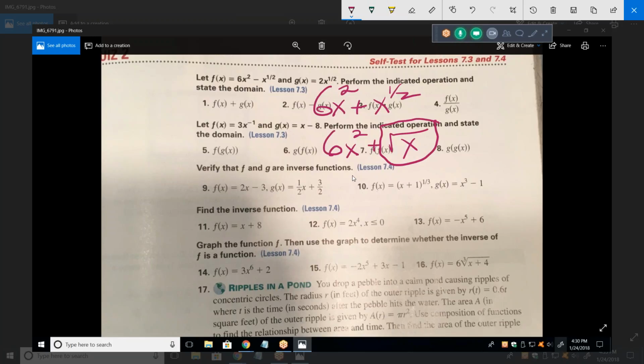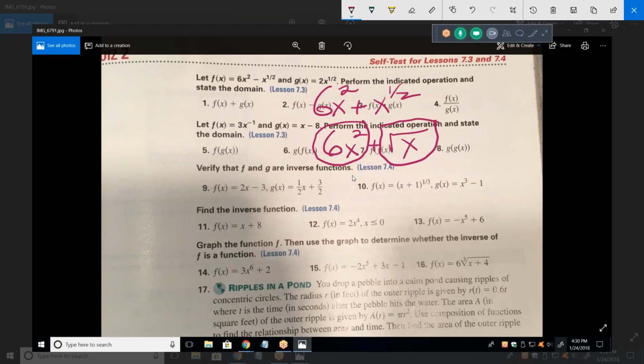Okay. Does the 6x squared restrict the domain in any way, shape, or form? No. I can put in any number I want for x. But the square root of x, what numbers can I only put in there? Can I put in 100? Yeah. Can I put in 3?